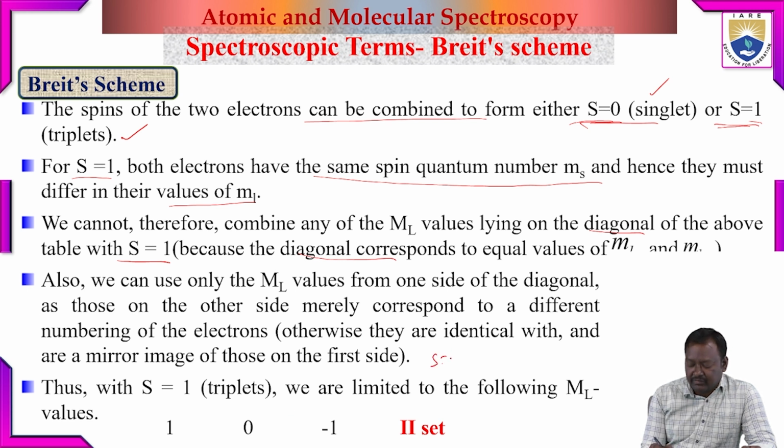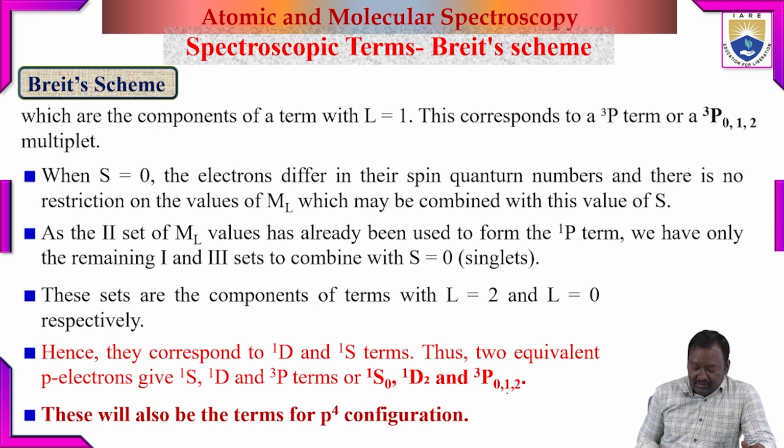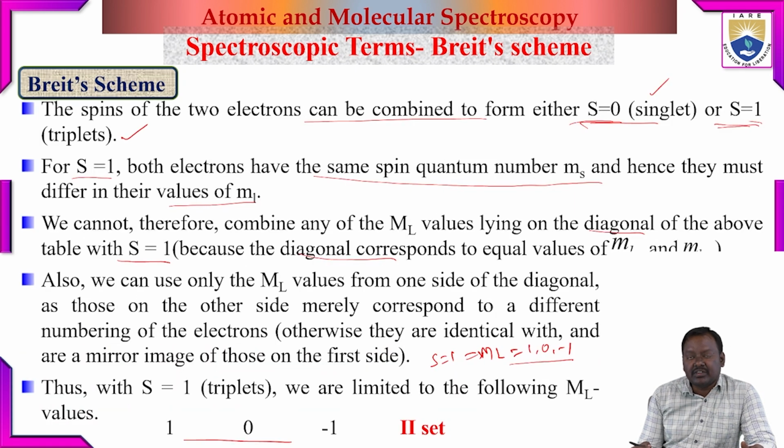For s equal to 1, the possible L values or ML values are 1, 0, minus 1. That indicates the second set. See here, thus with s equal to 1, we are limited to the values 1, 0, minus 1. That indicates second set.